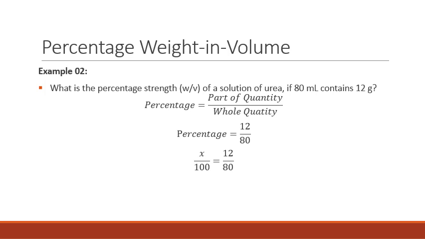If we keep the value of x on one side and the other values on the other side, x will be equal to 12 into 100 divided by 80. So the percentage of urea in this preparation is 15%.